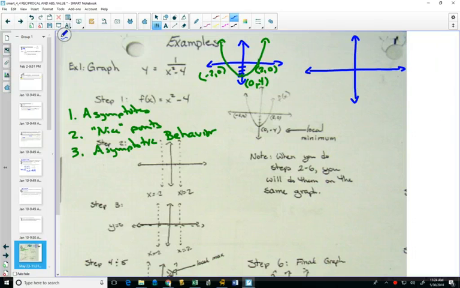And if you remember that the only thing is that your y values are changing to 1 over y, wherever you have x-intercepts to begin with, those will always become vertical asymptotes. So we'll have those two vertical asymptotes, and we'll label them x equals -2 and x equals 2.